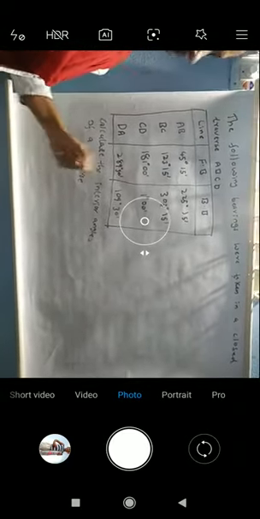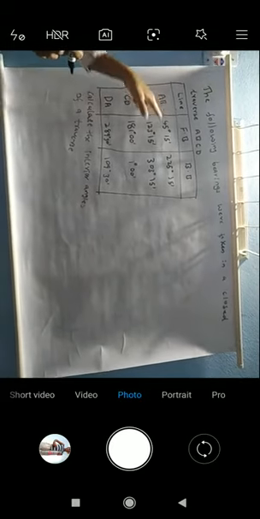The first step is, by using these bearings we have to draw a sketch. So I am drawing a sketch here. You can see lines are AB, BC, CD and DA.